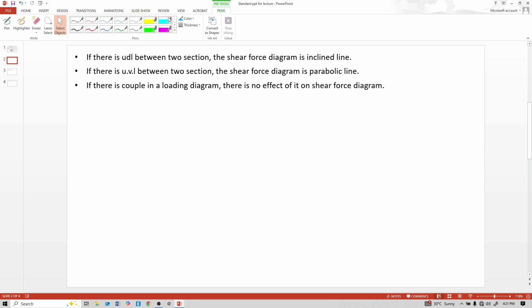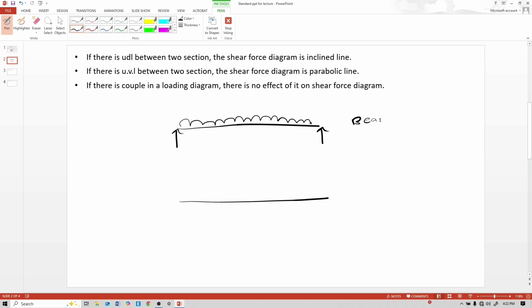Now next is, if there is a uniformly distributed load between two sections, the shear force diagram is an inclined line. See a similar beam, simply supported, but here the loading is uniformly distributed. This is the beam with loading, and this is the shear force diagram.